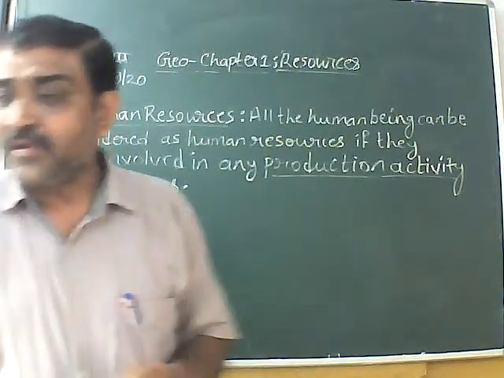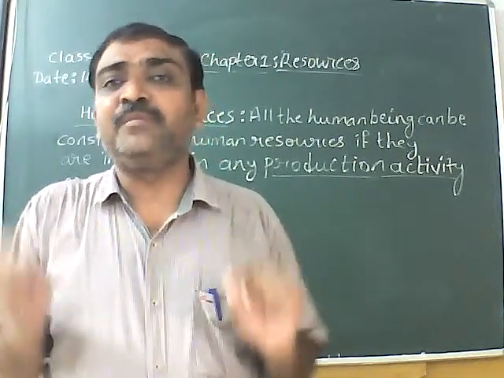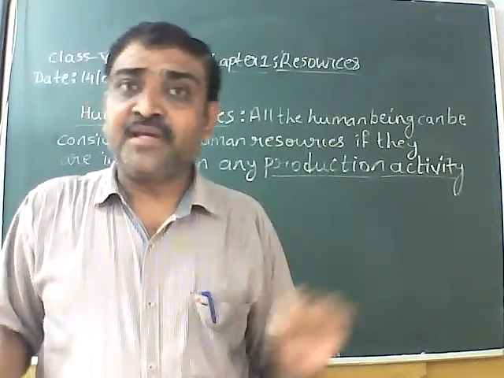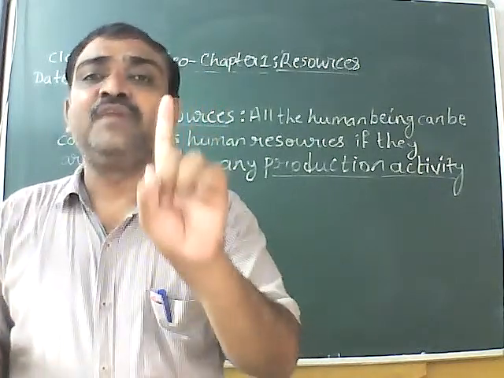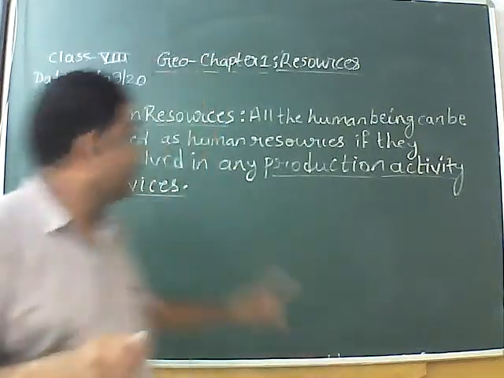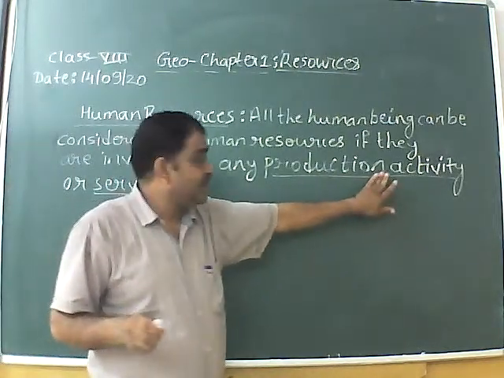Got it? So what does it mean? Each and every human being can be a human resource. Only one condition: the person is involved in any production activity. Now what does it mean?